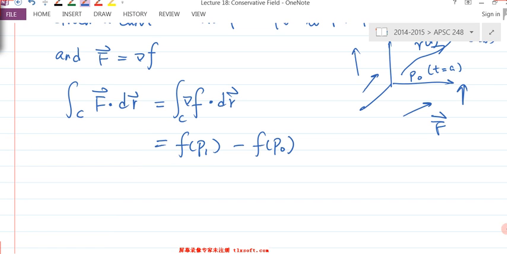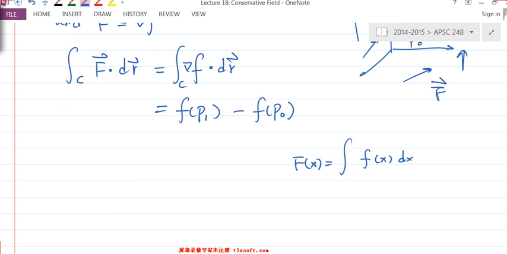So what does that remind you of? If this is a scalar function, then integrating from a to b equals what? f of b minus f of a.